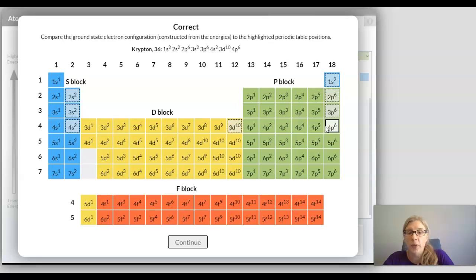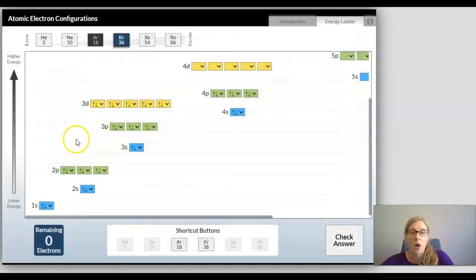So you will use this simulation to complete all of the noble gas configurations, and then once that's complete, you will go to what's called challenge mode, and you will do some electron configurations for elements that are not in that far right noble gas column of the periodic table.